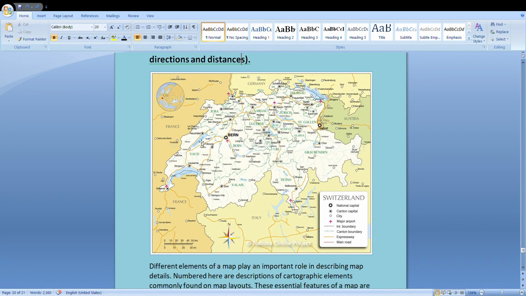So this is a label, like what is written here in the water body. What is written here is Rhine River, this is Valais, this is Brig. So these are all labels. Labels can be names of places, airports, hospitals, water bodies, roads, neighboring countries, anything.